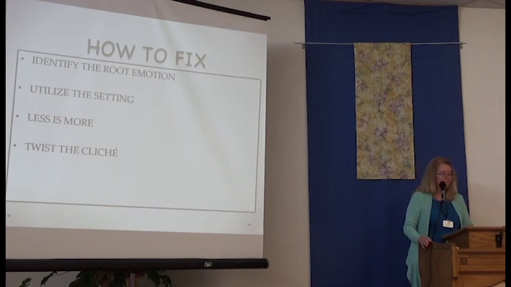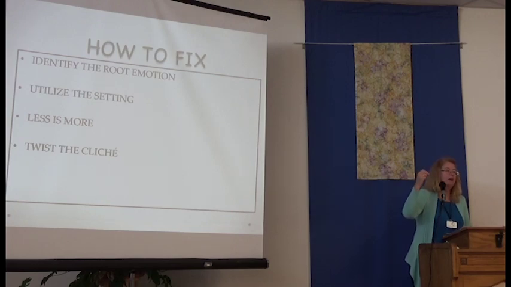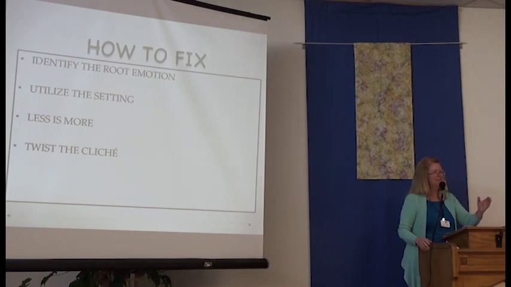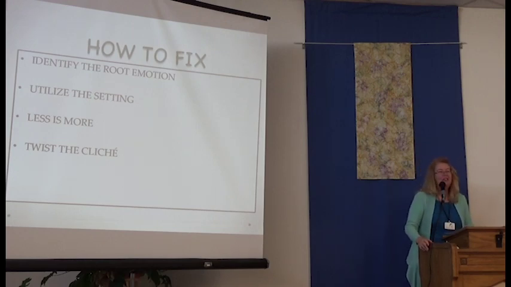So you figure out the root emotion, maybe it's boredom, and then write about that, and at some point you can bring in maybe confusion. Thank you, Pat, for being such a good model. I appreciate it.